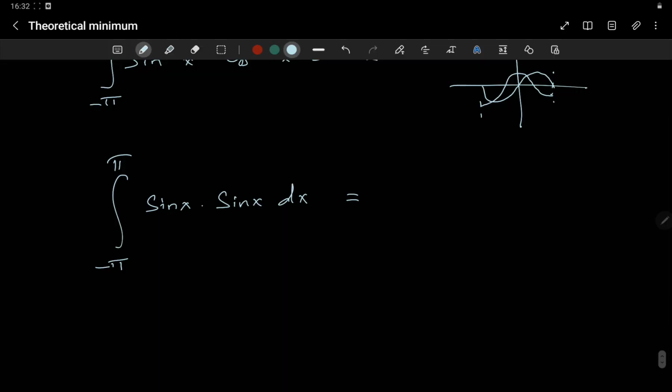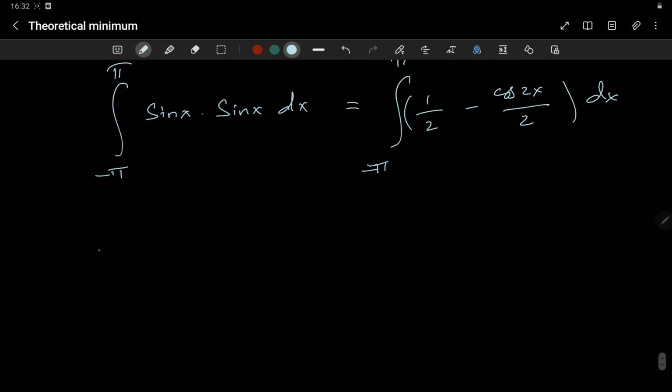See, sin x into sin x is sin square x. Sin square x can be written as 1 by 2 minus cos 2x by 2, dx. So for 1 by 2, what you will get? x by 2 from minus pi to pi, and what is the answer for that? Pi by 2 plus pi by 2, pi. So it's pi.